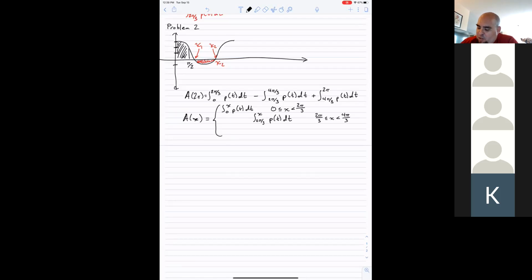Yeah. You could use function notation, but I probably shouldn't say a of x equals a of something else. So I'll just put this integral here, the integral over the whole 0 to 2 pi over 3 of p(t) dt. And then I want to subtract this one because I know that'll be negative and I want it to be positive.